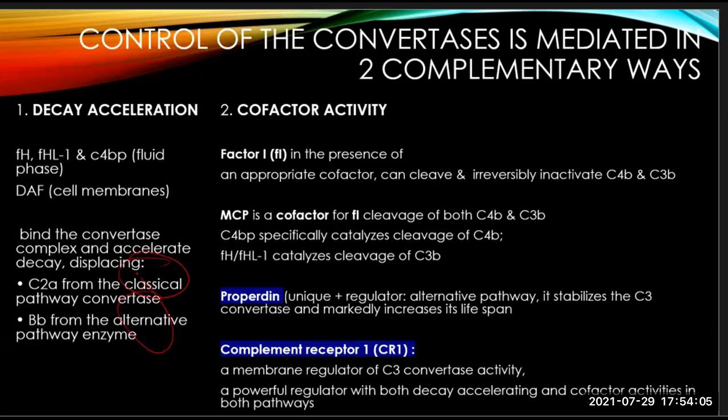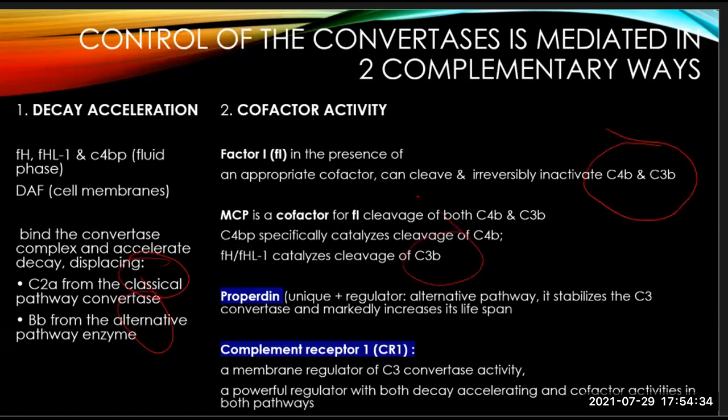We also have cofactor activity, factor I. In the presence of an appropriate cofactor, it can cleave and irreversibly inactivate C4b and C3b, while MCP is a cofactor for factor I cleavage of both C4b and C3b. C4BP specifically catalyzes cleavage of C4b, and factor H and factor H like 1 catalyze cleavage of C3b.